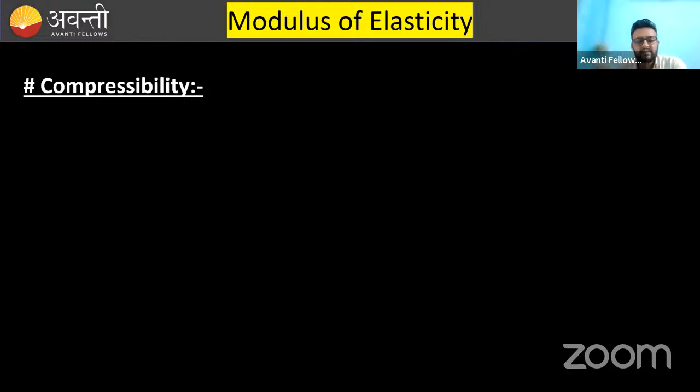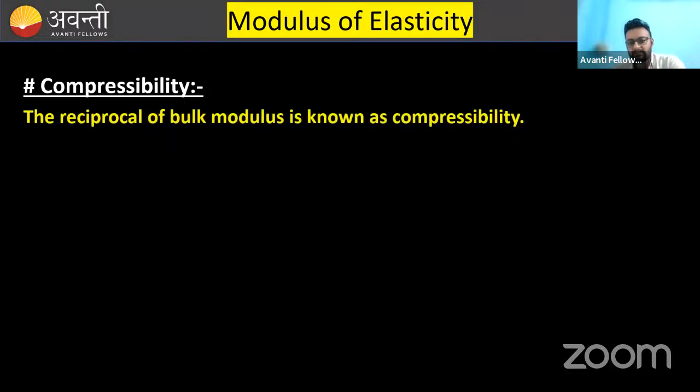Reciprocal of bulk modulus is known as compressibility, denoted by K. K is 1 over B, where B is the bulk modulus. I hope this is clear. Nothing special in that. Just keep it in mind.